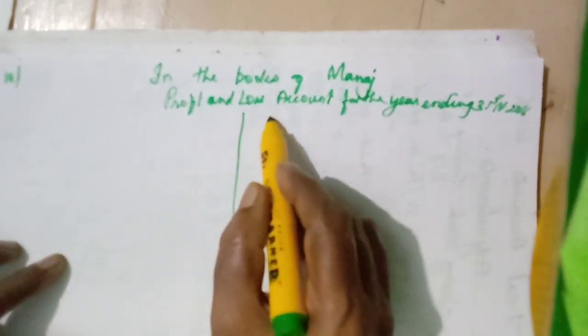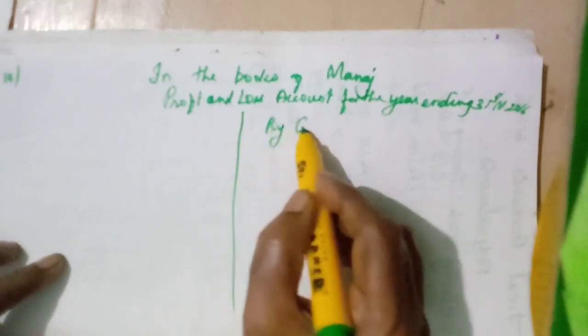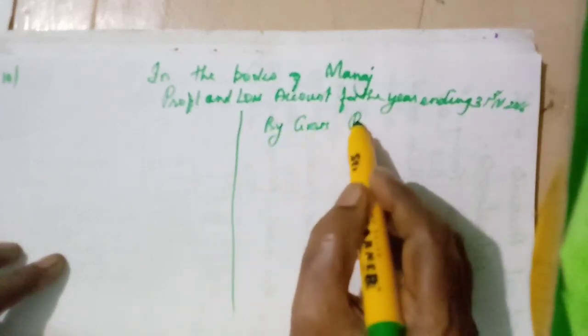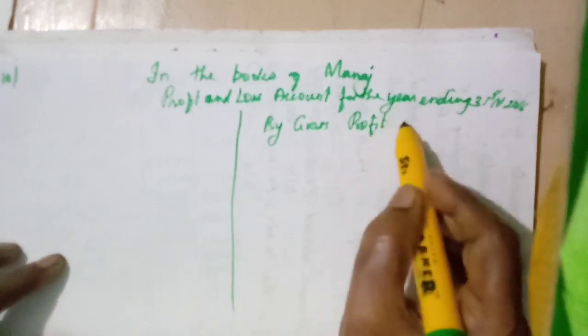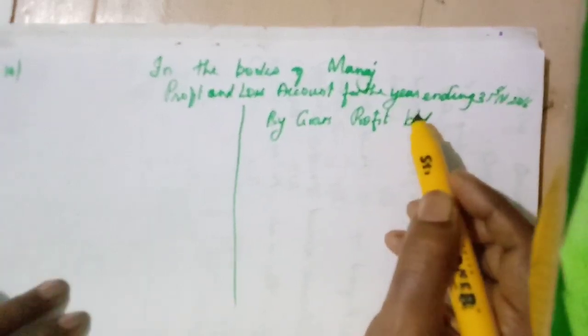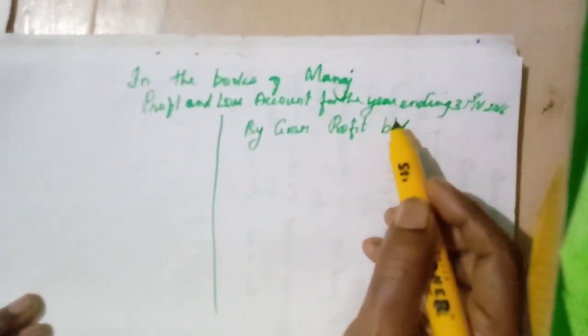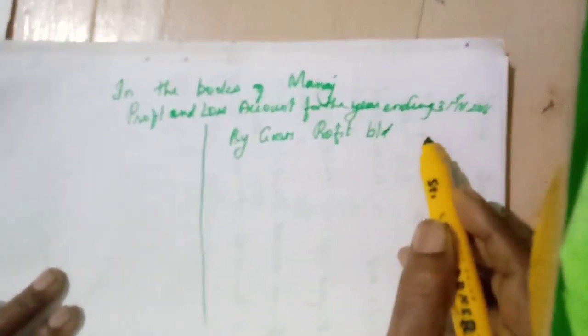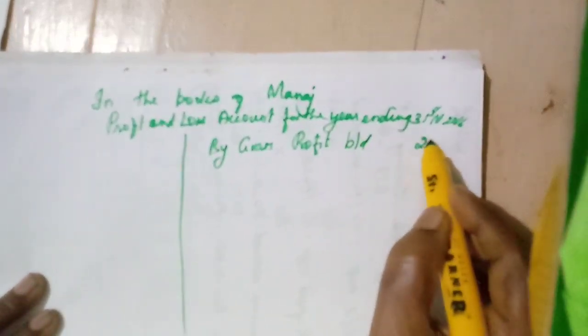So gross profit will appear on the credit side, by gross profit brought down, 25,000. For each and every item you should check whether we have adjustments.